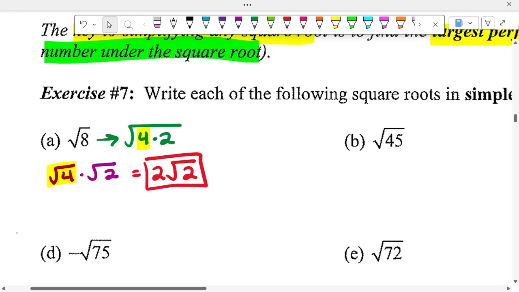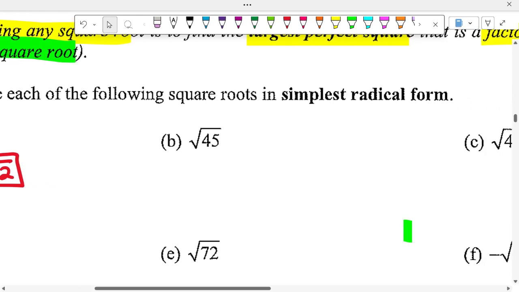All right, let's try another one. 45. So look at all your perfect squares. What perfect square could divide evenly into 45, and it's the largest number that can divide into 45? 36? So 36 doesn't go evenly into 45.